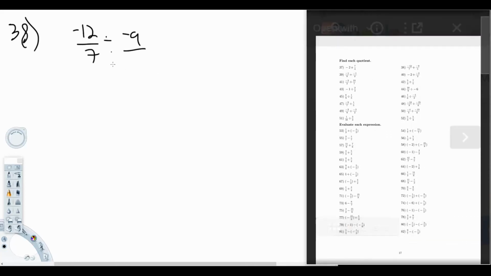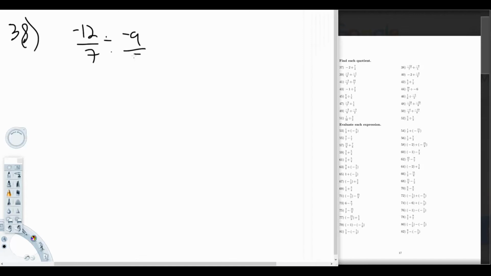Let's take a look at what we're doing here. Since these are two negatives, the answer is going to be positive. So we know that. So negative 12 over 7 multiplied by the opposite.